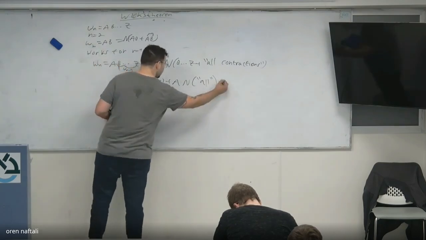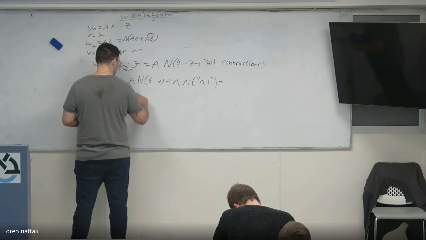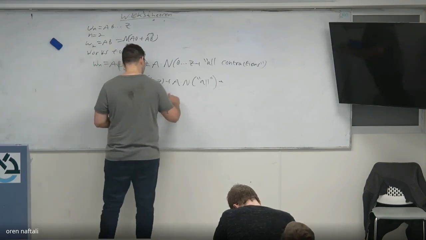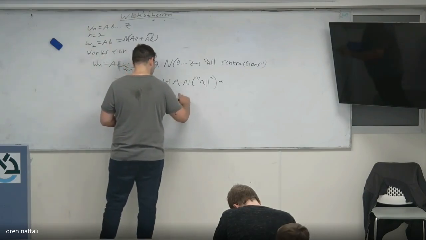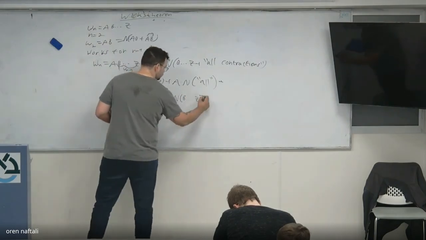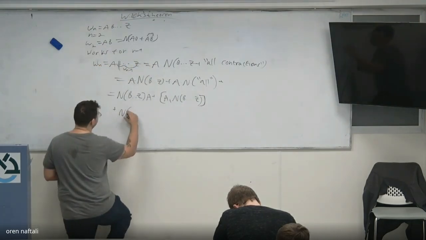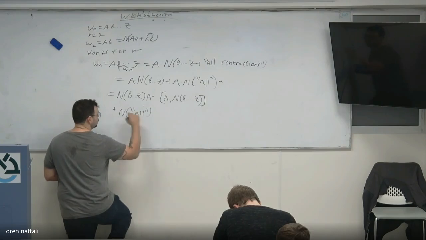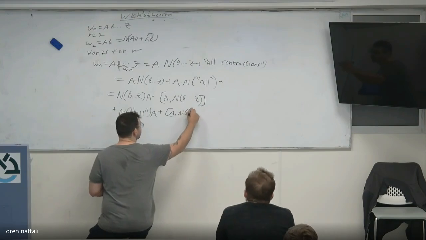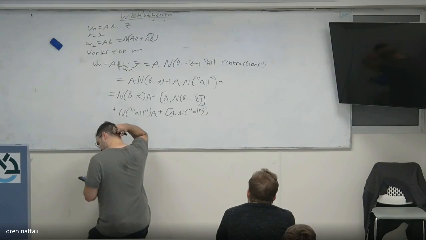So to switch it around, we'll get N of B to Z times A plus the commutator of A with N of B to Z, plus N of all contractions times A plus the commutator of A with N of all contractions. Right?